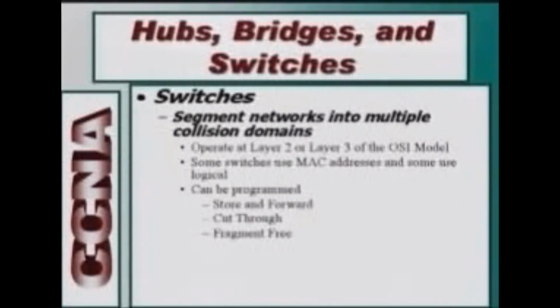The third choice in the programming is fragment free. Basically what it does is it tries to determine whether this packet is damaged or not. So it looks at the first 64 bytes of the packet just to determine whether it looks like this packet has been damaged. So switches can be programmed, and we'll talk more about intelligent devices that can be programmed.